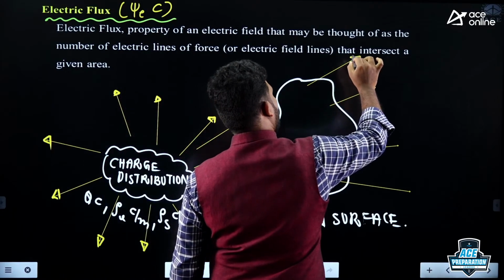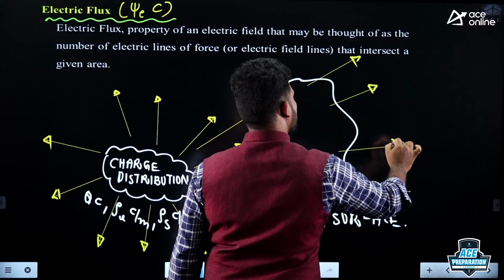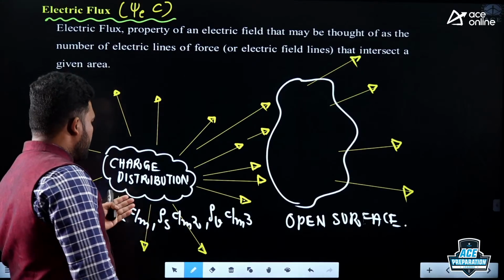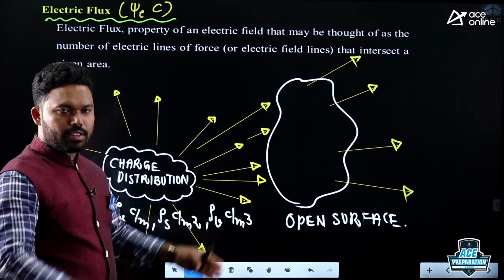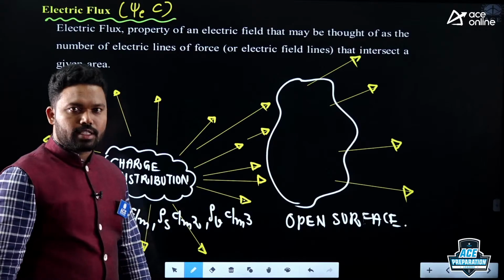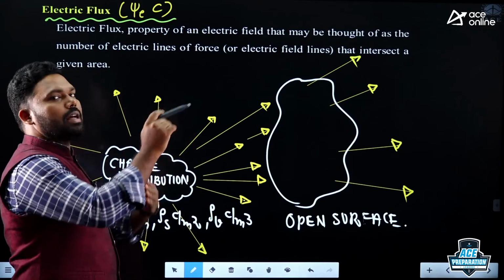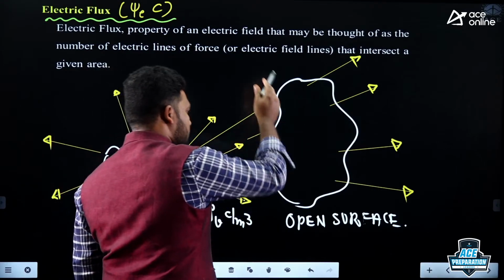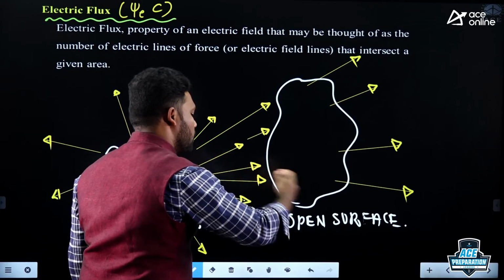So the electric field lines are entering the surface and leaving from the other side. Entering from one side and leaving from the other side. Now read out here: are intersecting, or you can also say crossing, or there is a flow.